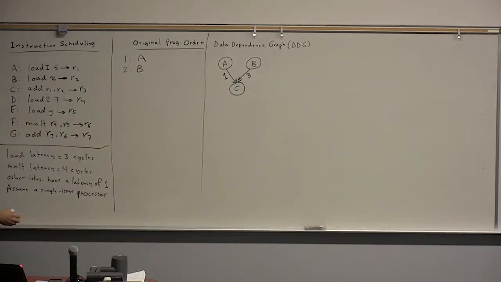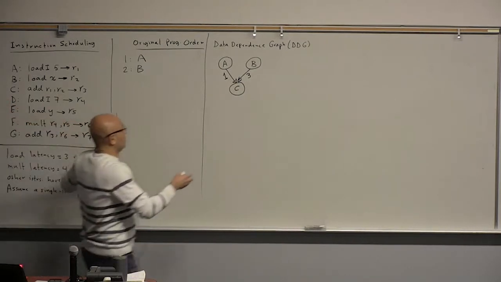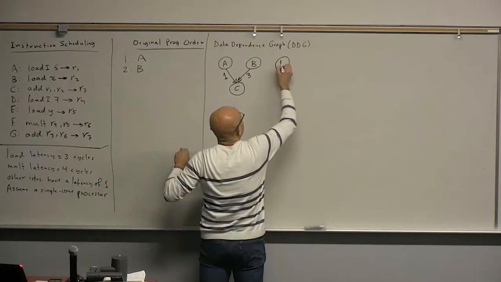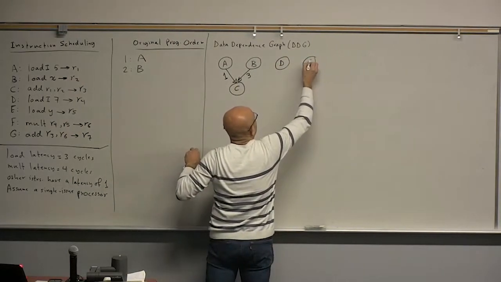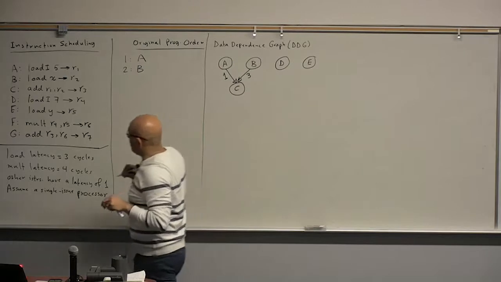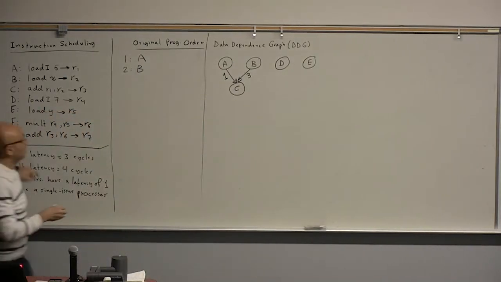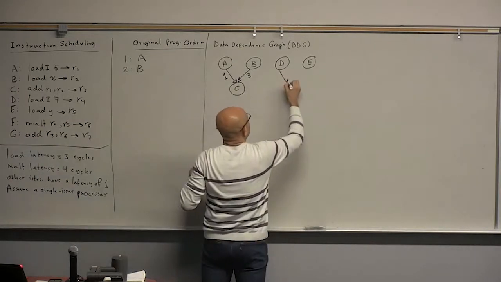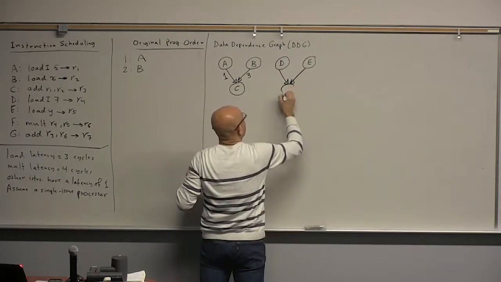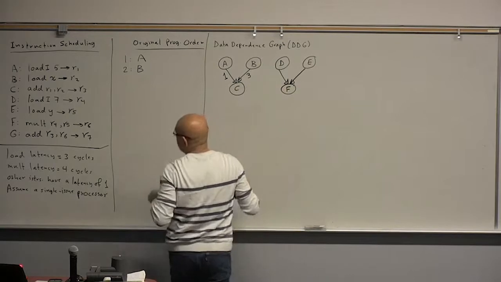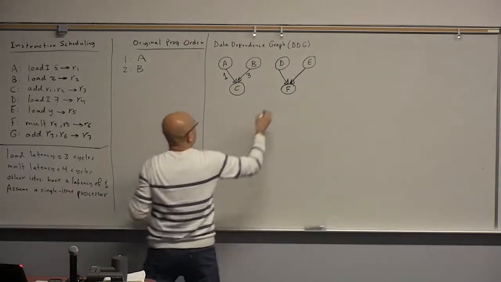Now, what about D and E? Are they dependent on any of the previous instructions? No, they are not. So D and E are independent. And they feed instruction F. So the results of D and E are consumed by F. And the latency for D is 1.